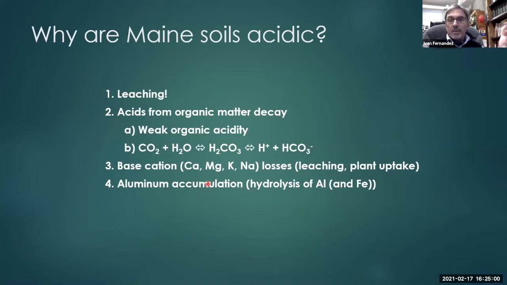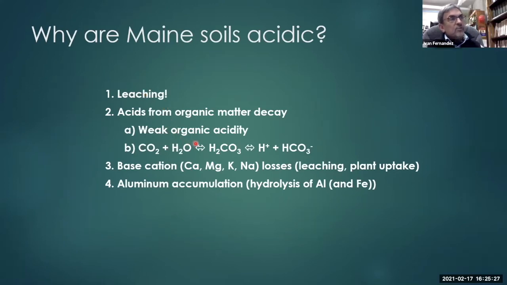And over time, we're continuously stripping away the base cations, kind of the nutrients we want for crops, and we're accumulating aluminum, which is a classic characteristic of our acid soils, our acid podzols around the world, and certainly here in Maine. So the kind of the picture here is, leaching is driving all of this in one direction down through the soil.